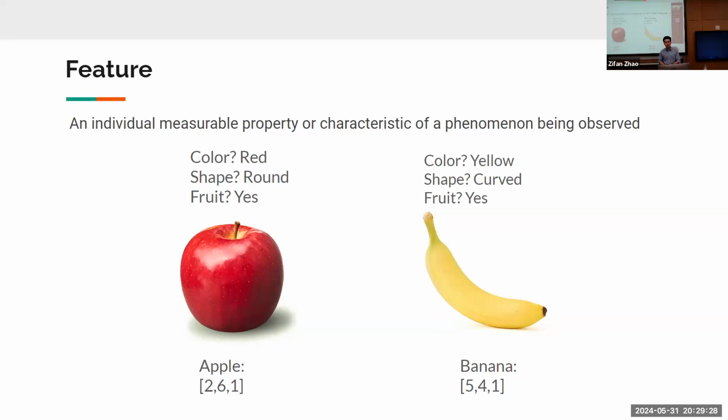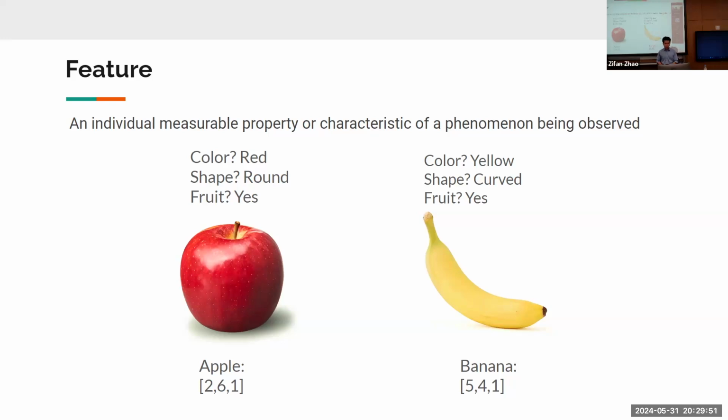We always transfer them into measurable and digitalizable data, called features here. So basically, a feature is a high-dimensional vector that captures the information attributes of the original object or phenomenon.